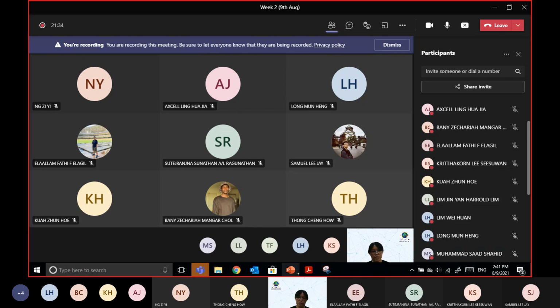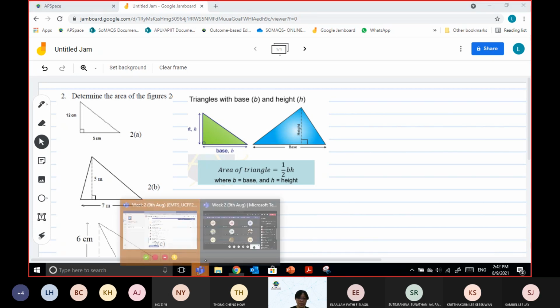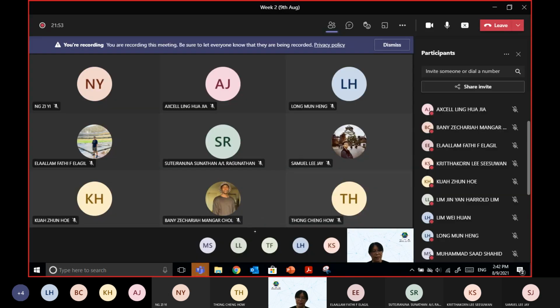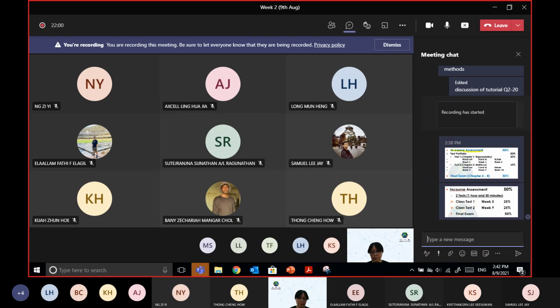Okay, Excel for student number 1, can you share, maybe just type in the chat box, question 2A? For example, how you get the answer, half times what? Then question 2B, next student, Benny, can you just put it in the chat box, and then the answer as well.